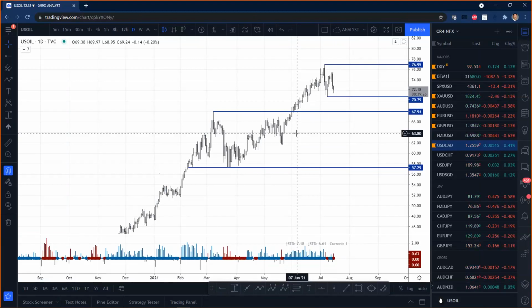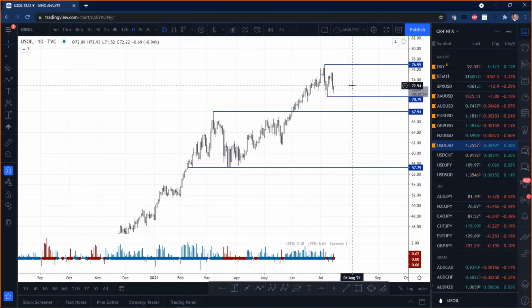Yes, gas prices, I believe, are a little bit expensive these days, but nevertheless, if we do see a fall in oil, it's something to take note of and consider, if that's what you want, where you want to target. Whether it's this 68 level or all the way down to close to this 58 level, that's a good $10 move if you're a swing trader.